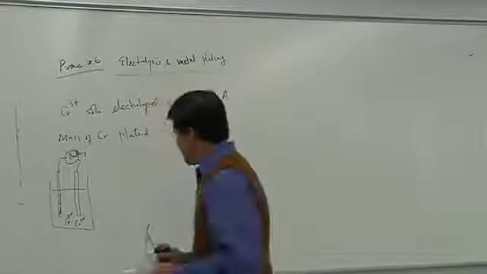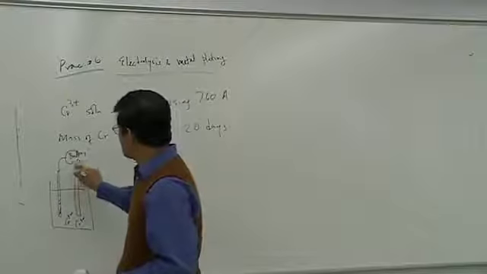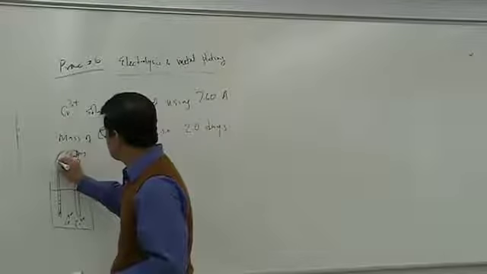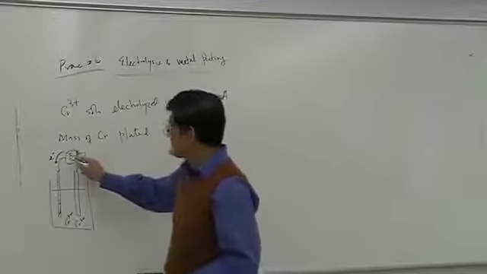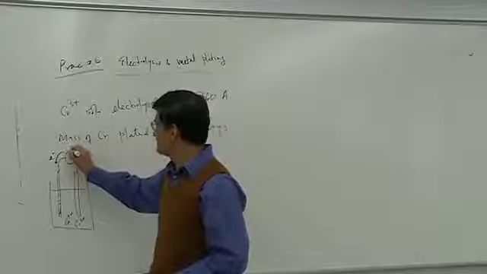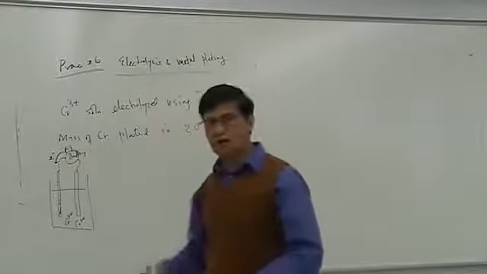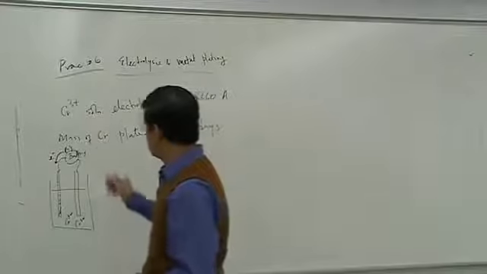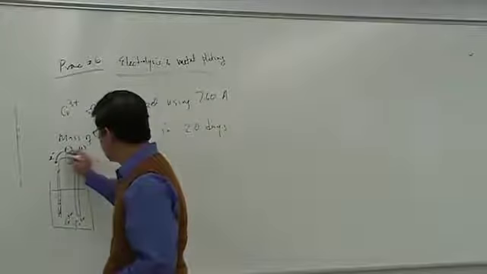Now, how does this reaction happen? You connect the battery in such a way that it pushes electrons along this side. So it has to be the negative end of the battery. You know that one end of the battery has a negative sign, another end has a positive sign. So the negative end pushes electrons out along that direction.